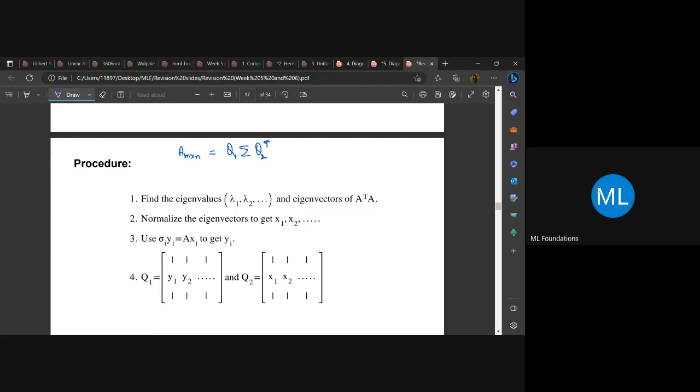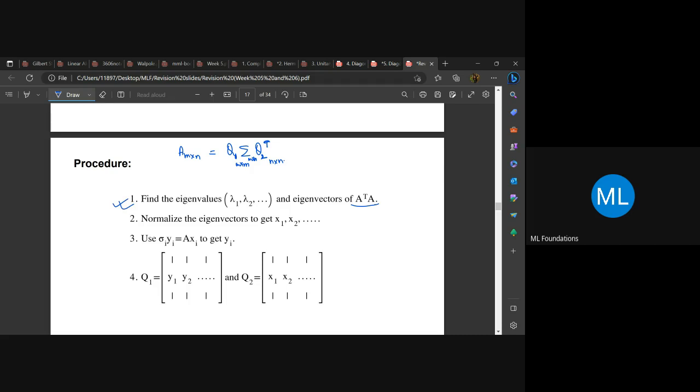So Q1 is going to be m cross m, sigma is m cross n, and Q2 should be n cross n. Now the first step is you find the eigenvalues and the eigenvectors for A transpose A.